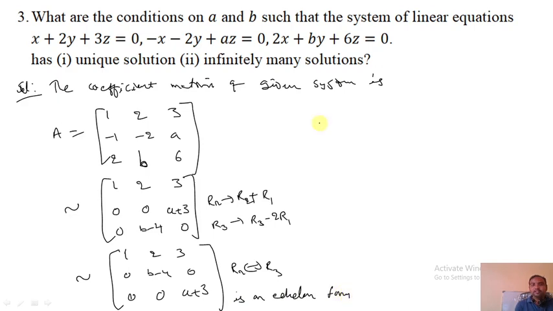Now first one, unique solution. What does unique solution mean? Unique solution means rank of A equal to 3, equal to the number of unknowns. When is it possible? Rank is 3, equal to the number of unknowns, means both of these terms are non-zero.